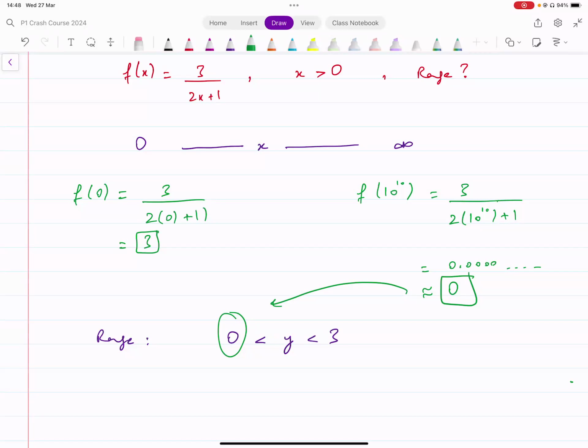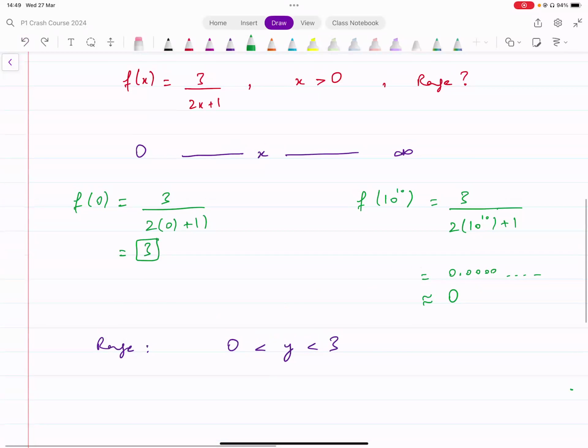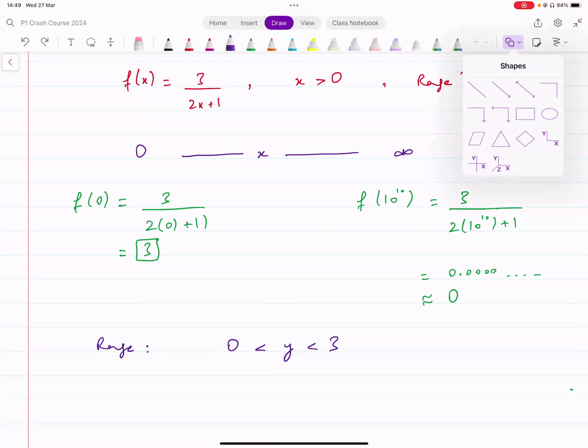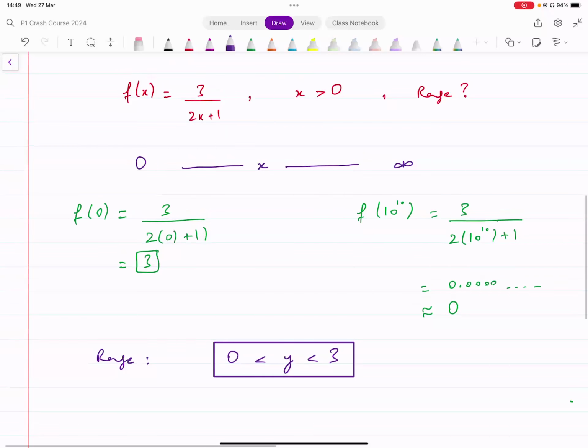So we're going to say it's almost equal to 0. Since it's almost equal to 0, it's not exactly 0. We can't put an equal to sign with 0 here because it's not exactly equal to 0. It's approaching 0. So that's the range of this function. The range of the function would be y between 0 and 3. That's how we would find this range.